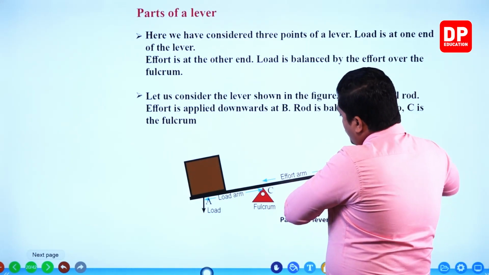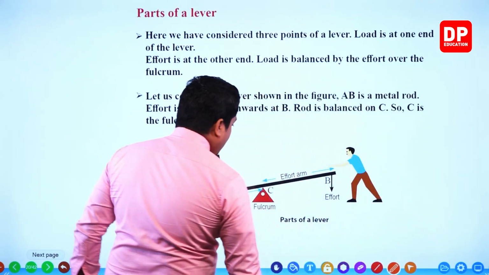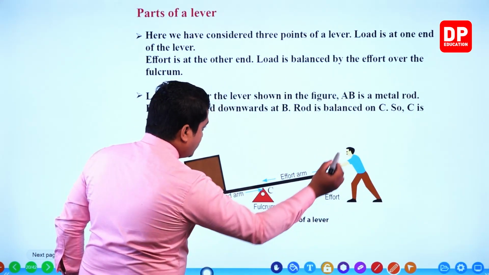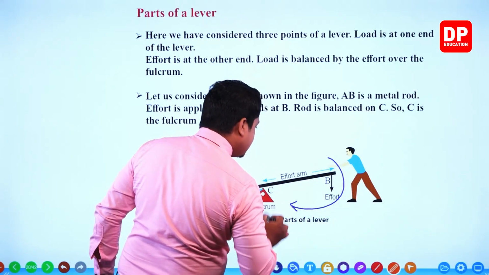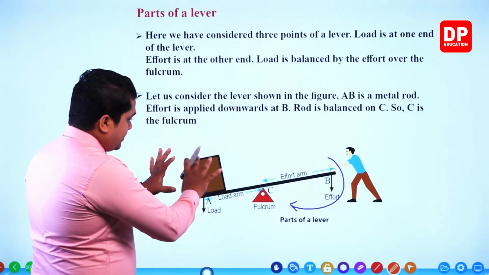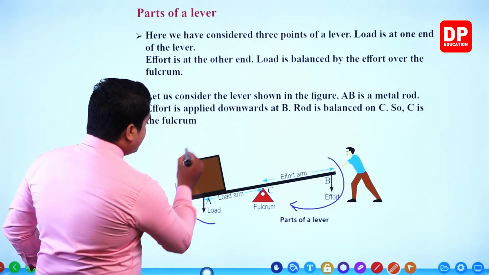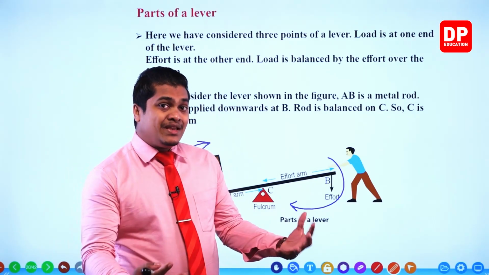I'm going to rotate the lever downward, right? When the person is applying a force on this particular place, the lever is going to rotate like this. Through the rotation, the weight which is placed over here is going to rotate and come to the other direction. That's why it is being lifted off.